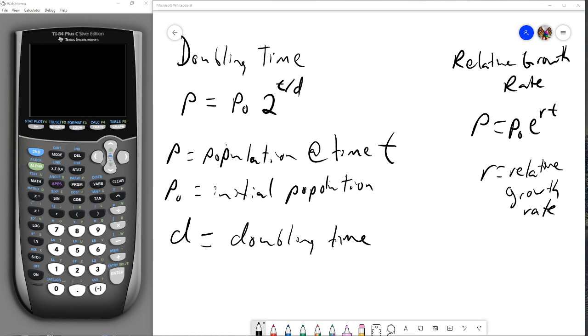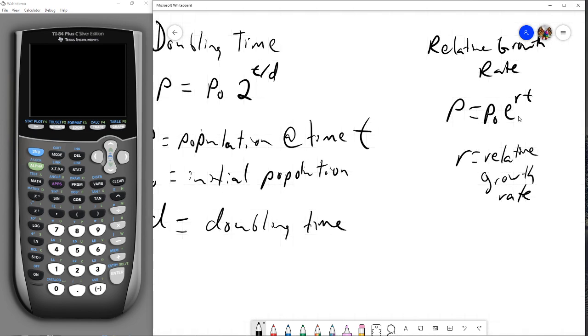So when we look at the exponential model for doubling time, this is strictly limited in terms of interpreting our population in terms of how long it takes for it to double. That's why it's called doubling time.